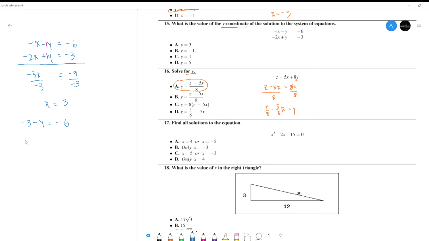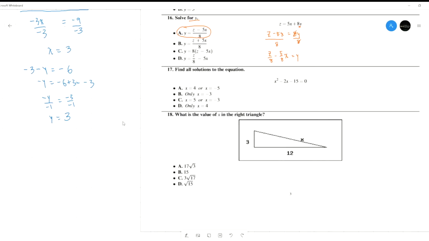Now I add 3 to both sides. So negative 6 plus 3 is negative 3. Now I have to divide both sides by negative 1, right? So divide by negative 1, and I get y is equal to positive 3. Therefore, my solution is A.